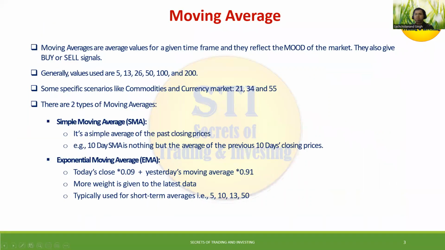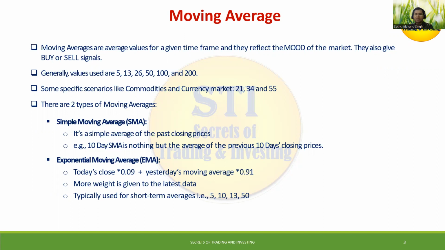Generally, as I said, moving averages are represented in 5, 13, 26, 50 kinds of time frames. And in some specific scenarios like commodities or the currency market, the moving averages which I have developed work very well in other time frames also, 21, 34, or 55.